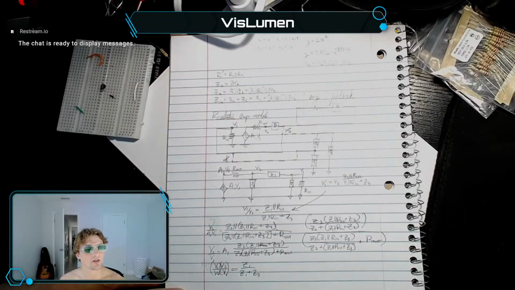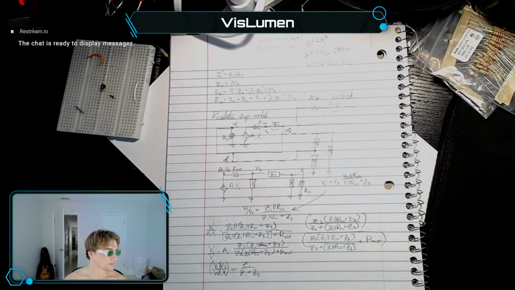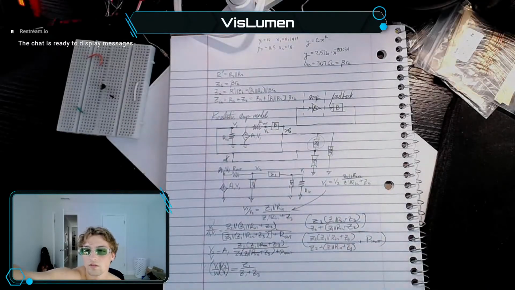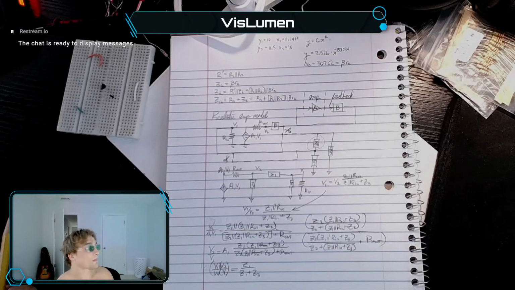Why does Z1 come out on top? Why is that the impedance of interest now?